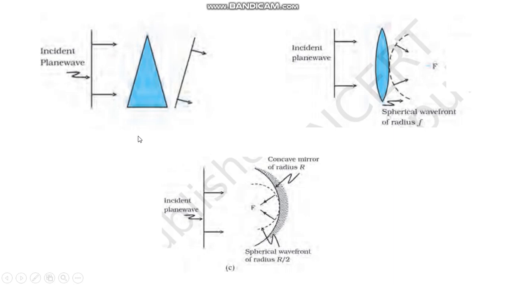Why? Because, you see here, this is a glass prism. Okay, so the velocity inside the glass prism will be less. See, velocity in air is more than velocity in glass. Okay, so light travels with greater speed in air when compared with glass.